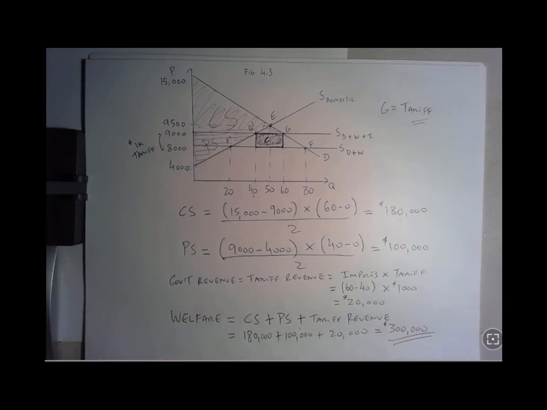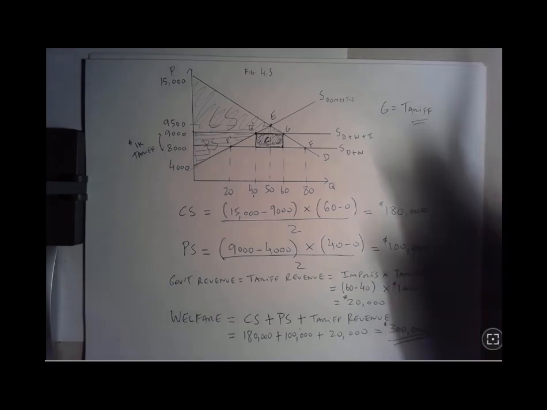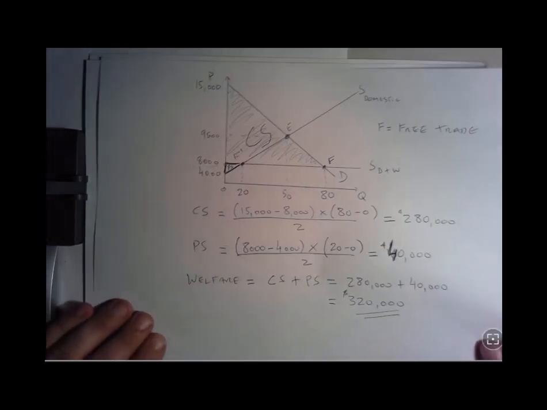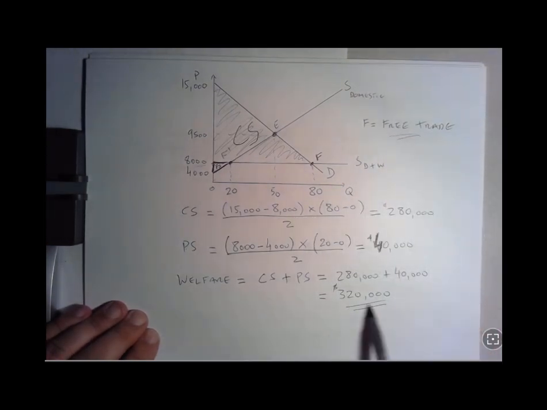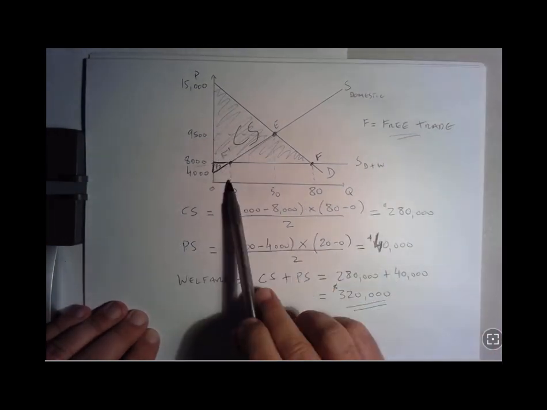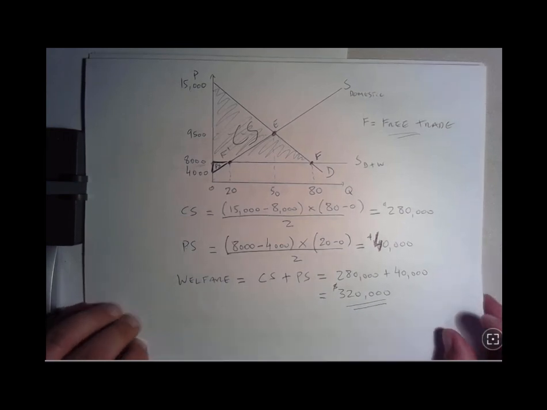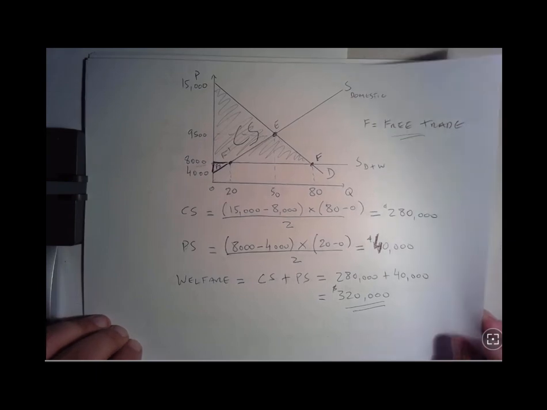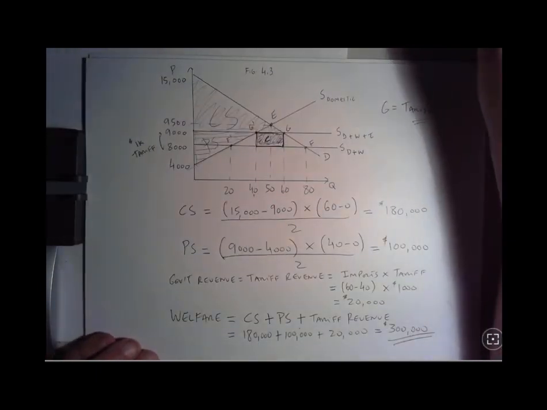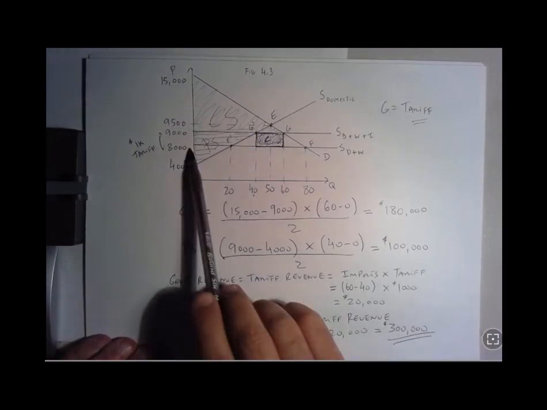So what happened? Well, under the open economy, we were maximizing our welfare at 320,000. Free trade, 320,000. Then, to satisfy the outcry for protectionism by domestic producers, a tariff was introduced.